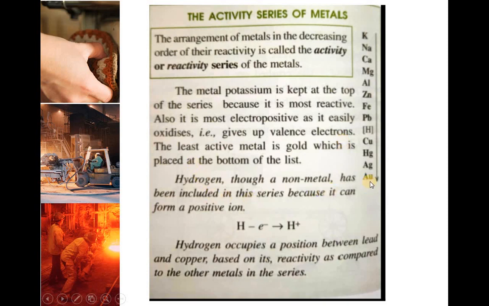Least reactive is gold, which is placed at the bottom of the list. Hydrogen is also placed because we had already discussed in the previous videos that hydrogen, though a non-metal, is included in this series because it can form the positive ion. Hydrogen occupies a position between lead and copper based on its reactivity as compared to the other metals in the series.